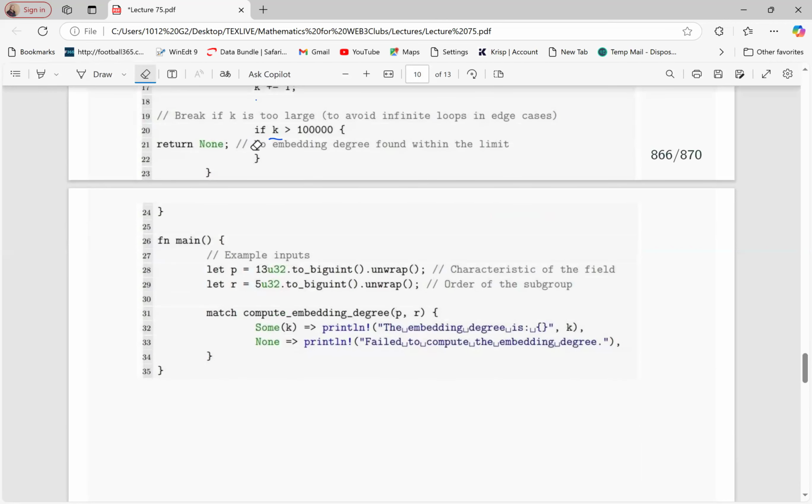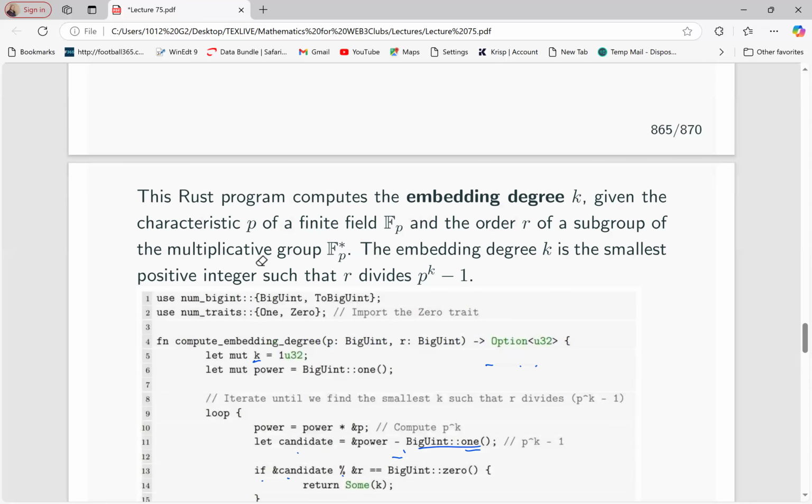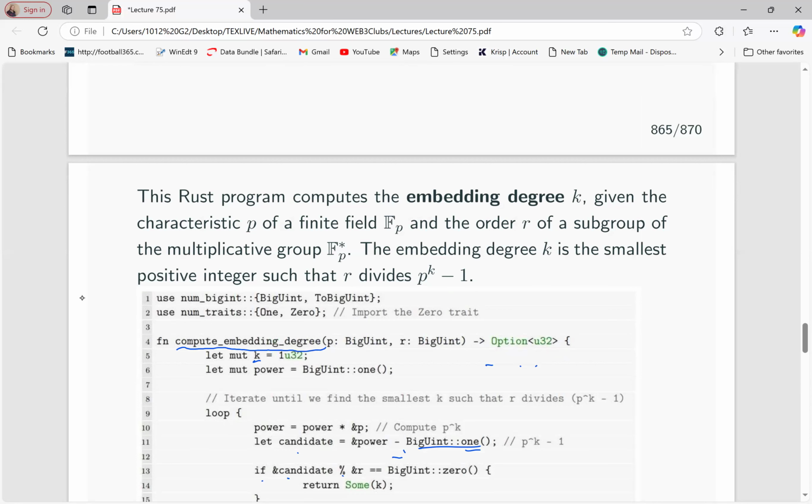Now, what is the main function doing? This code has only two functions. You remember I was doing the other work using another code, and then I just bring here the prime factor and the prime number. The first function computes the embedding degree the way we've explained.